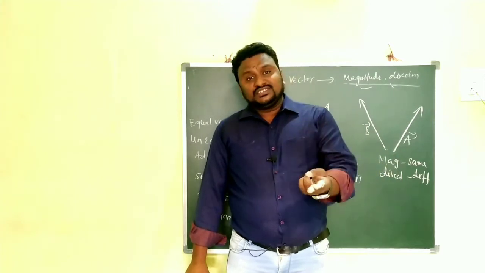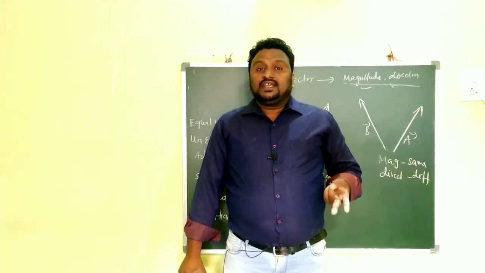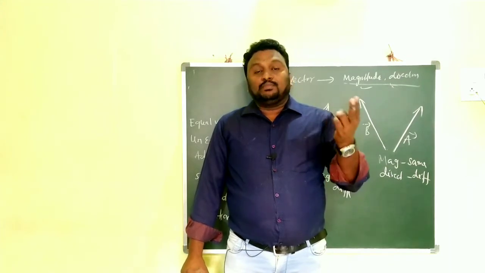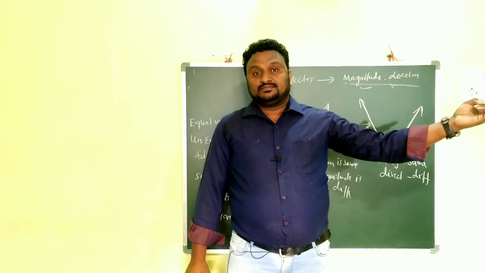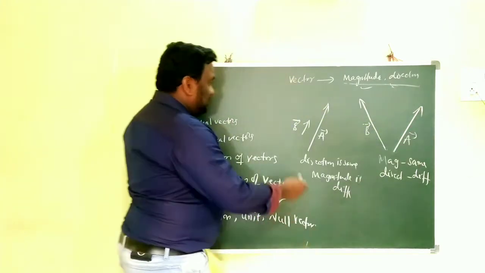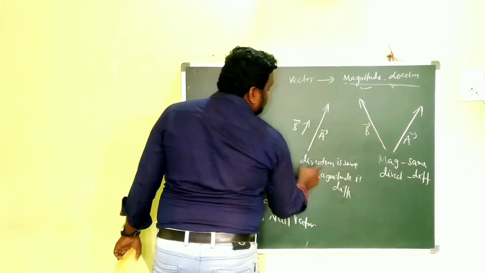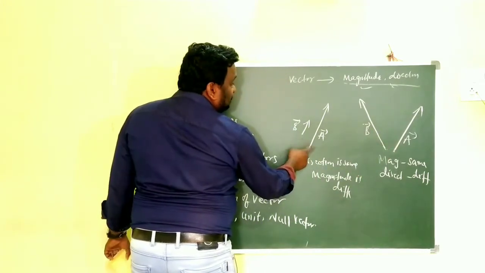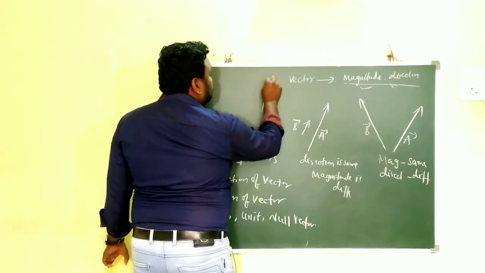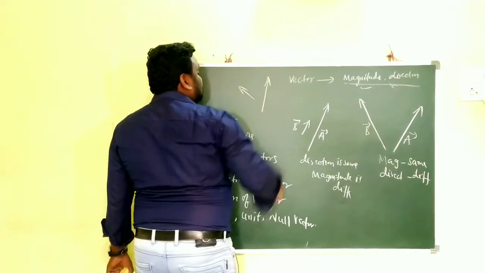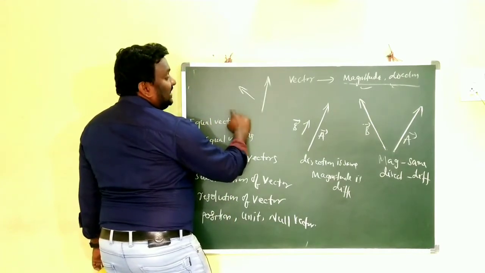Here two possibilities are there. Both may be in the same direction but with unequal magnitudes, or both have equal magnitude and are in different directions. So here, equal magnitude, different directions; same direction, different magnitudes. Now in this case, what do we say? Different magnitudes and different directions.